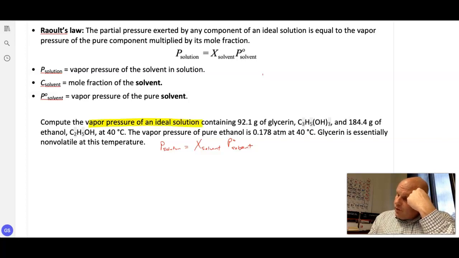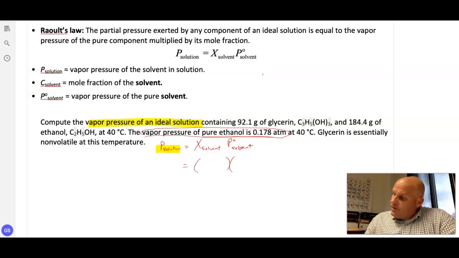That means we are looking to solve for this value here. That means I need a vapor pressure of the solvent, and I need the mole fraction of the solvent. Pure ethanol, which is the solvent, has a vapor pressure of 1.078 atm. That's good. I know that this value is 1.078 atm.